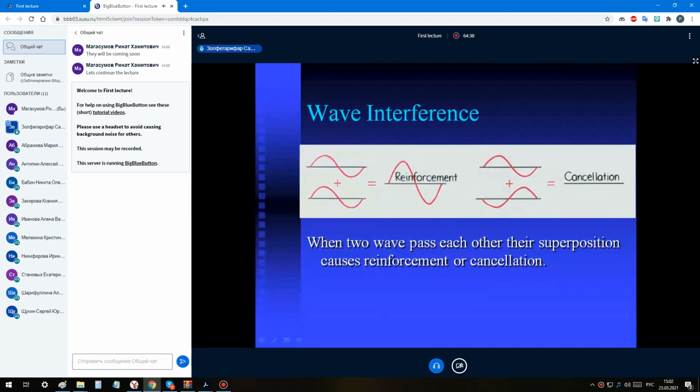The next slide shows wave interference, where two waves combine and give reinforcement or maybe cancellation. When two waves pass each other, their superposition causes reinforcement or cancellation.